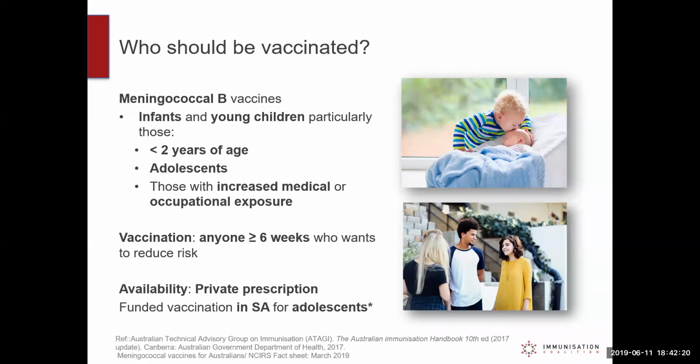Meningococcal B vaccine, so Bexsero, can be given on prescription to young babies that are not in South Australia. Obviously, we do fund it here. We fund a dose at 6 weeks of age, at 4 months of age, and then a booster at 12 months of age. So please talk to your parents about the risks. The only way that we can protect people from this particular disease is through vaccination.